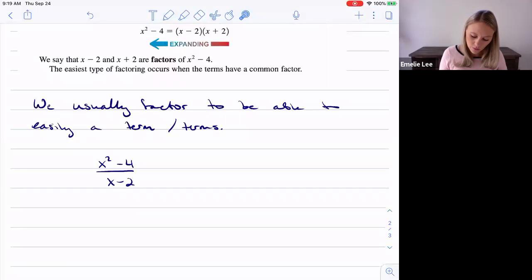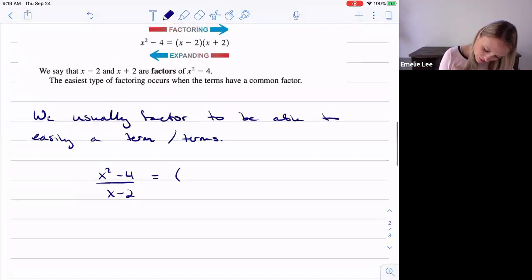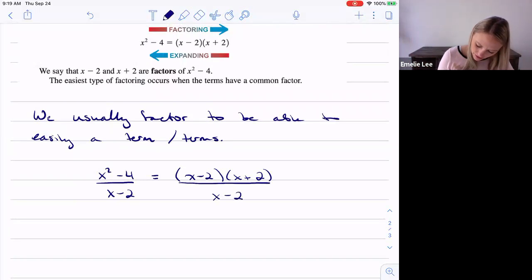Okay, so what we can do, though, is we can rewrite the x squared minus 4. We can factor it into two parts. So x minus 2 times x plus 2. So now divided by x minus 2.